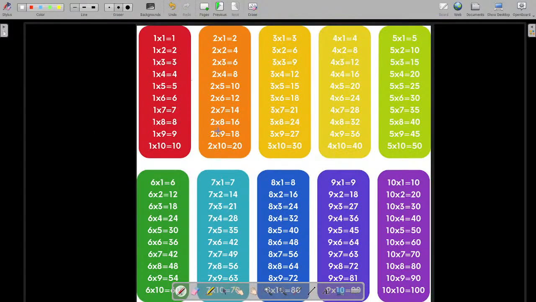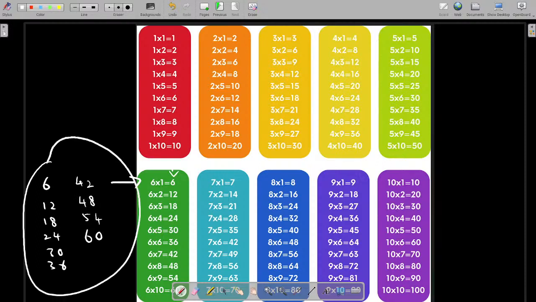You take the 6 table, okay? Tell only the answers. 6, 12, 18, 24, 30, 36, 42, 48, 54, 60. These are all multiples of 6.